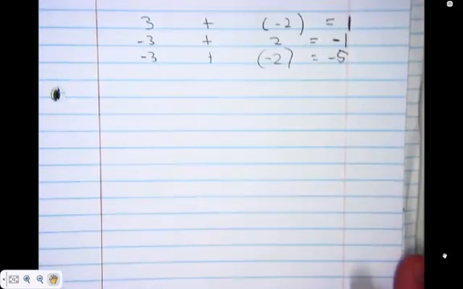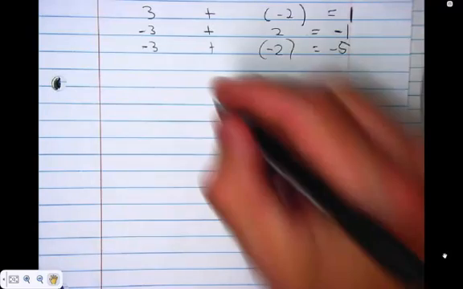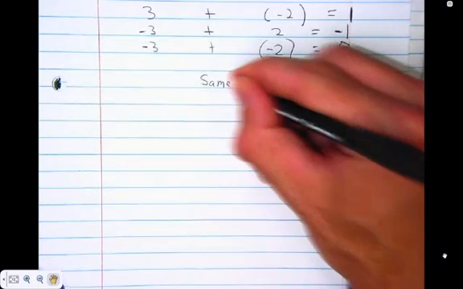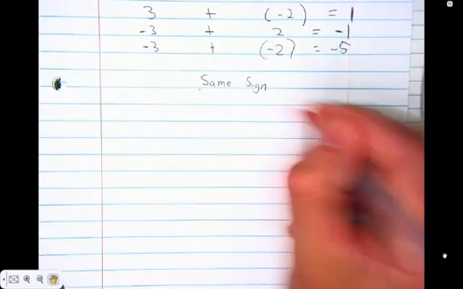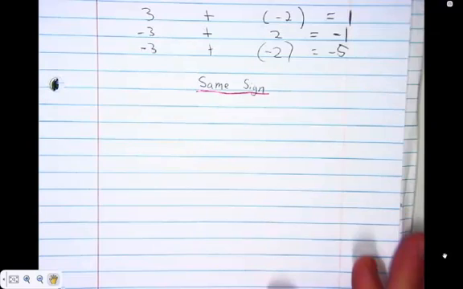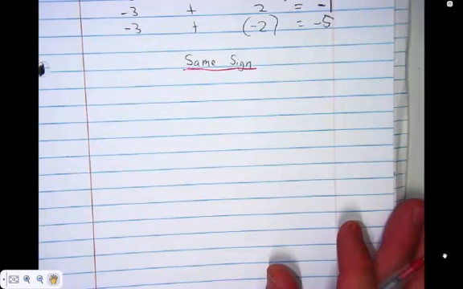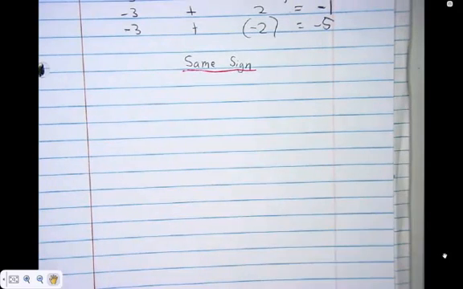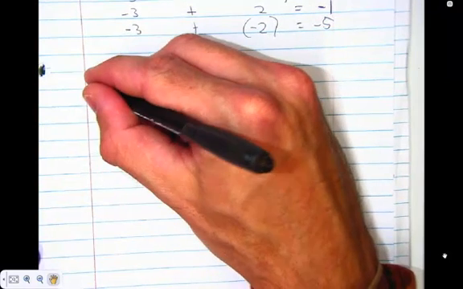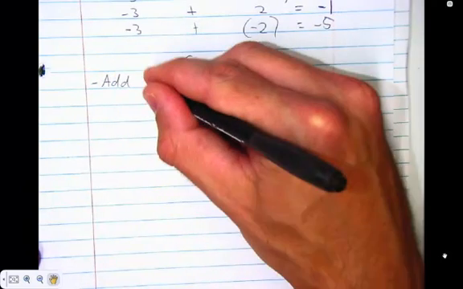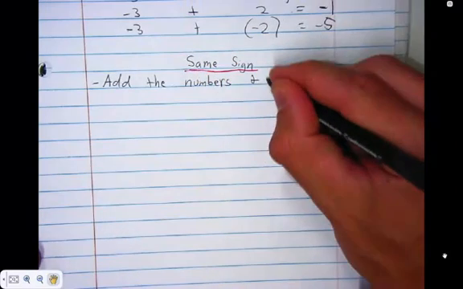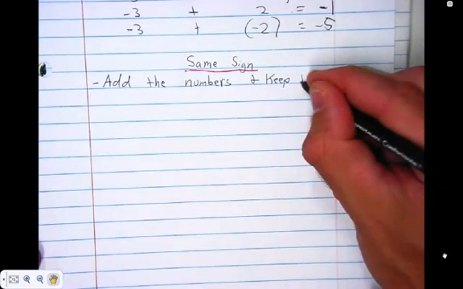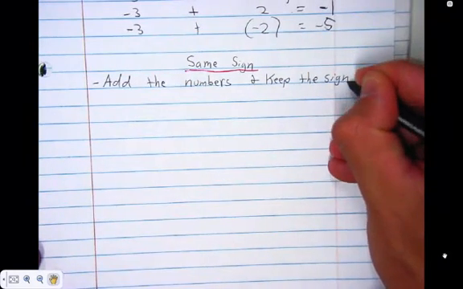There's going to be 2 scenarios that you come across with this. The first one's easy. The one we just did, it's going to happen when there's the same sign. When we have the same sign, we're just going to add the numbers and keep the sign.